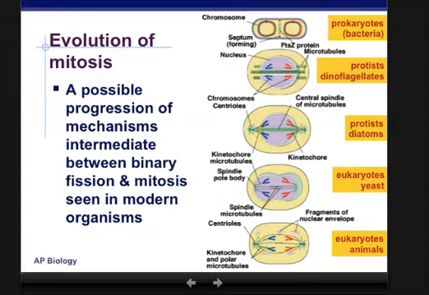A single kinetochore microtubule attaches to each chromosome and pulls each to a pole. And then, of course, we know how the animals work. So you can see the relationship between prokaryotes and some of the single-celled eukaryotes and the animal cells.